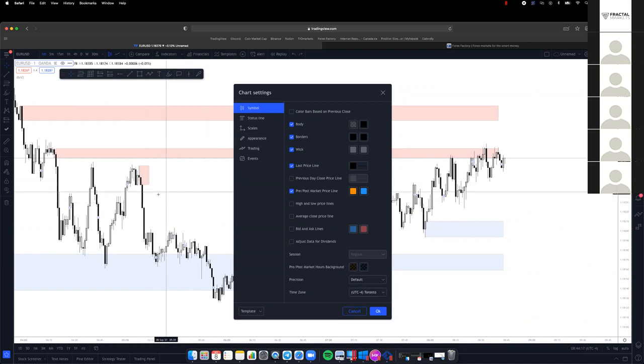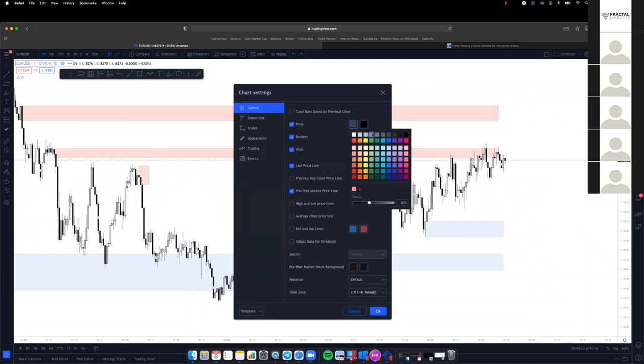Awesome. So double click on your chart if you want to have the same colors. First of all, I have a white background. This gray, the fourth one in from the left, at 40% opacity. Black, right here, 100% opacity.